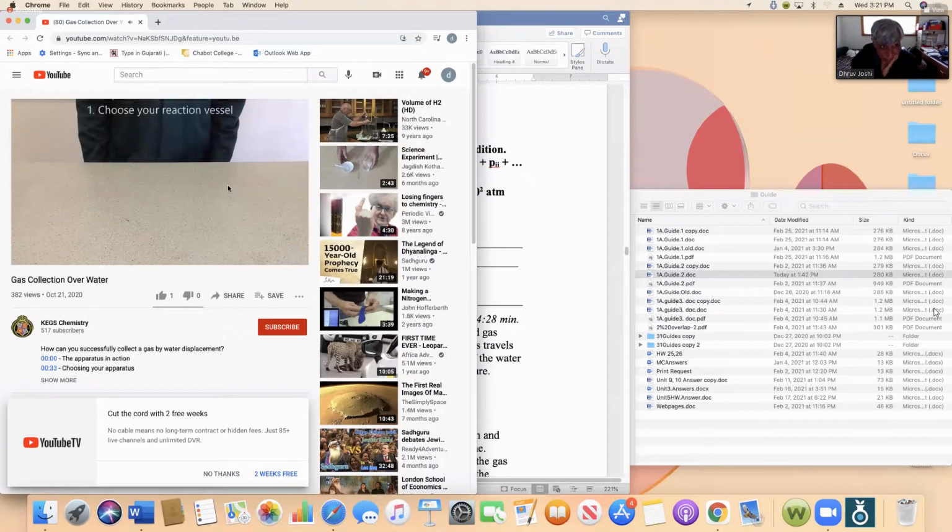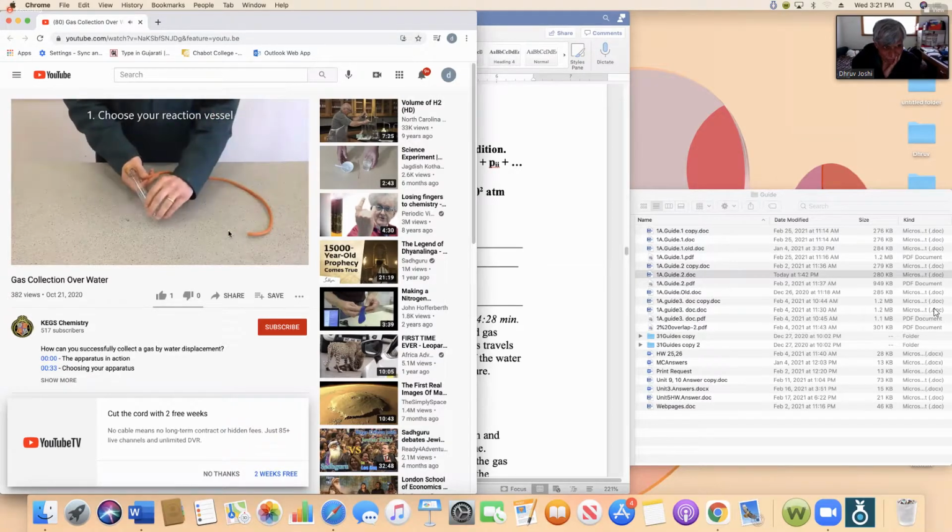The first thing to think about is the choice of the reaction vessel. One possibility is this sidearm boiling tube. We've got a fused glass joint here, and the delivery tube comes straight out of the side, and there's a bung in the top.